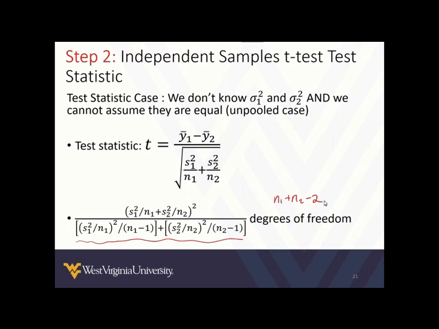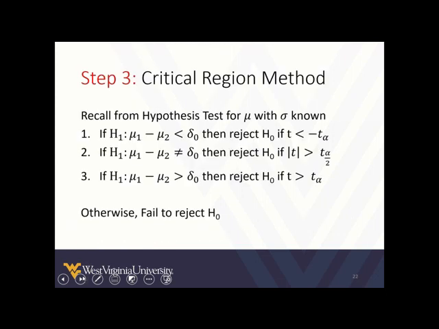And the reason I would tell you to calculate that first is because it's quick and it'll give you an idea if your calculation is reasonable. That is not a necessary step, that n1 plus n2 minus 2. It's just a piece of advice that I've noticed over doing this calculation multiple times by hand, is that it's easy to make a mistake and it's good to be able to tell the reasonableness of your degrees of freedom.